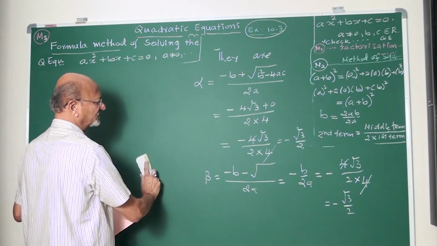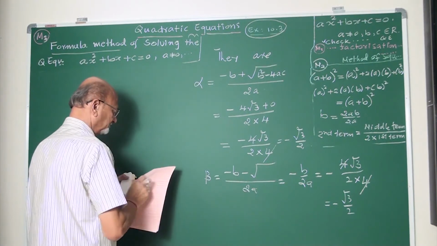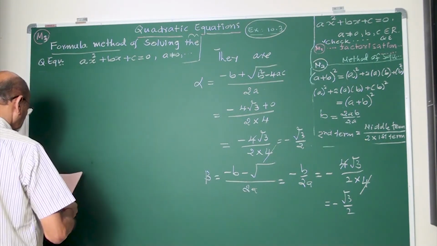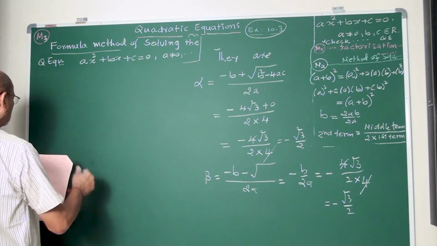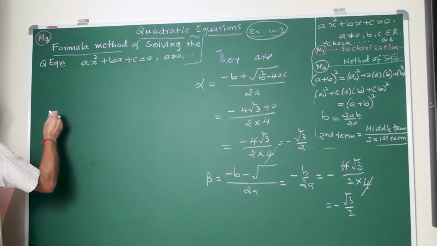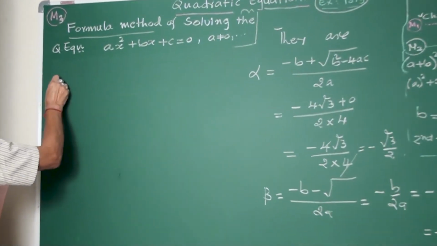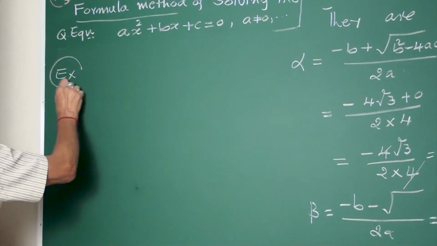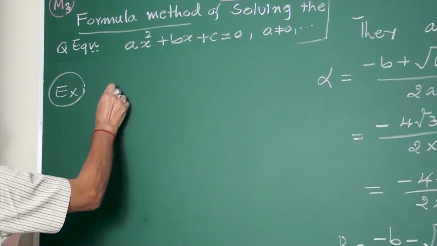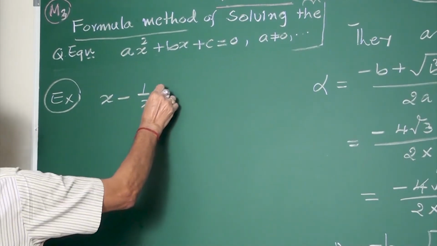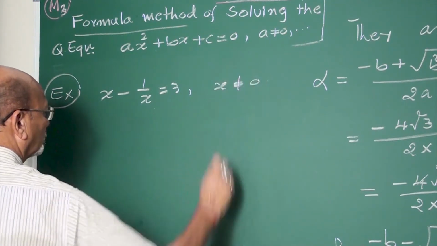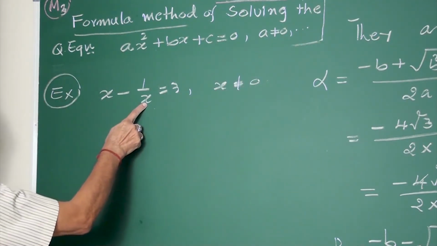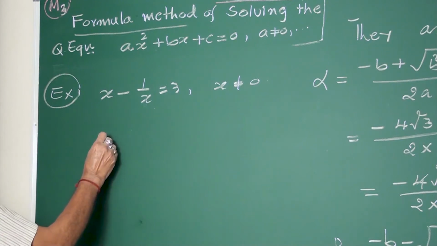These examples are slightly lengthy. First example is: solve by the formula method. This example is x minus 1 by x equal to 3, where x is not equal to 0. You know the danger line. Simplify it.